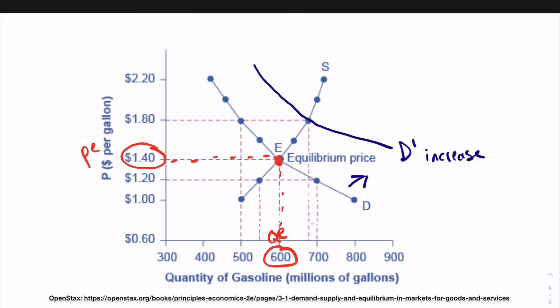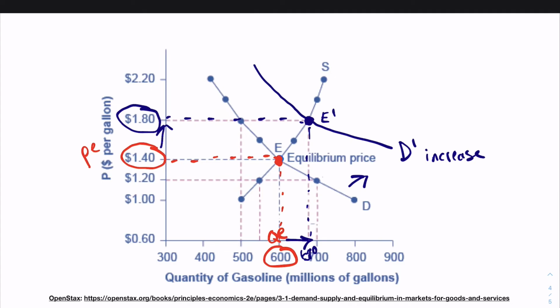And now we're going to get a new equilibrium point. We can call this E1. We come over to the left and we see that we get an increase in the equilibrium price. And then we come down to our horizontal axis and we see that we get an increase in our quantity, probably somewhere around 690.